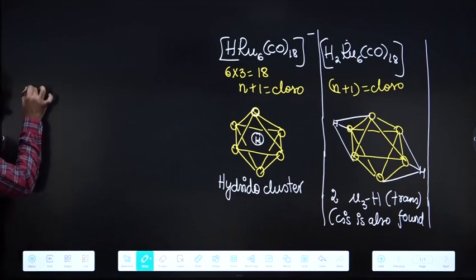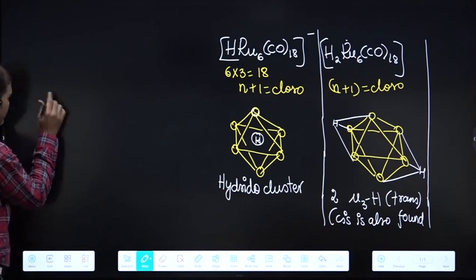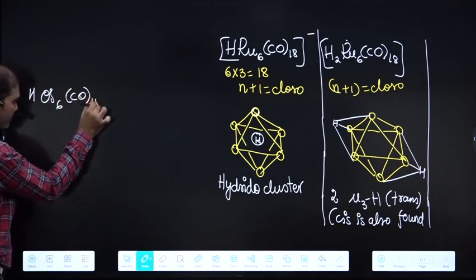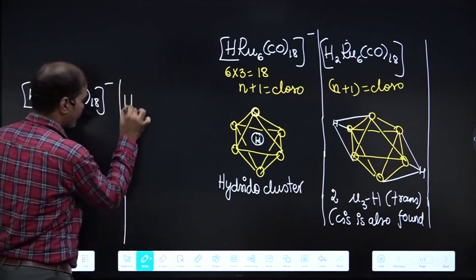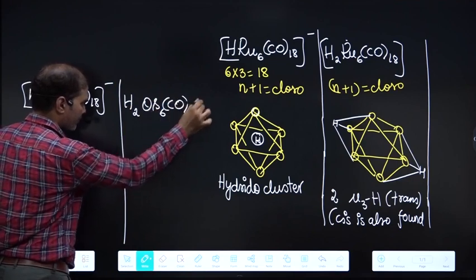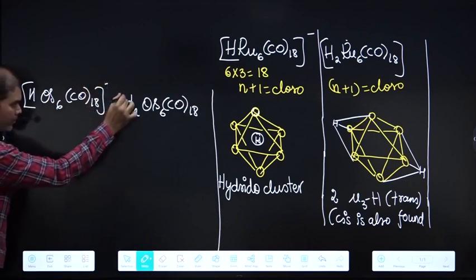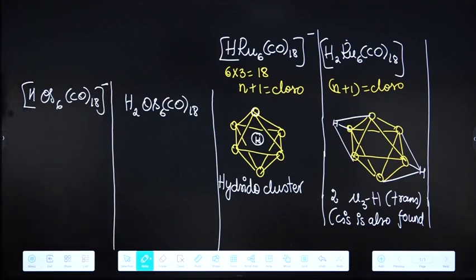Next example. First, let us take osmium H. Try to work out their structures. Did you get it? What are their structures?